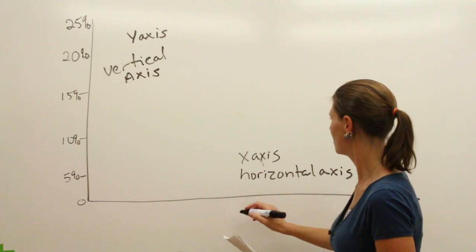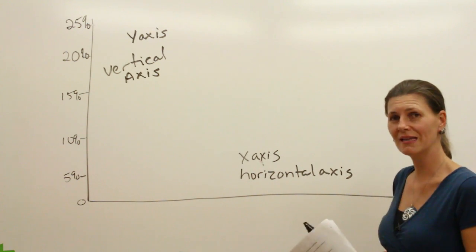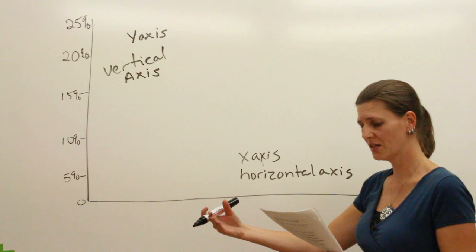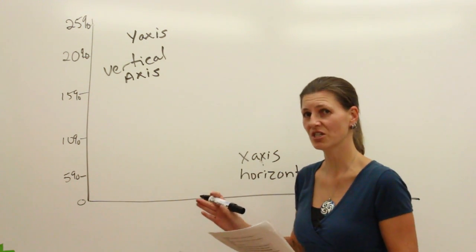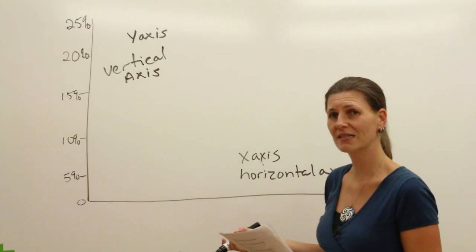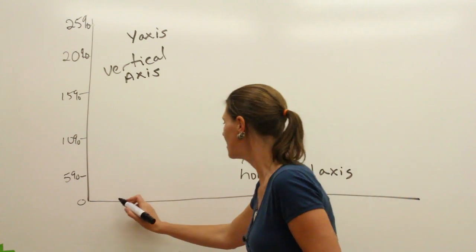It goes across. So on your horizontal axes, we're going to label the months of the year, from January through to December. It is okay to use abbreviations, but remember in IELTS, spelling is important, and using the correct abbreviation is also important. So let's write the months of the year.